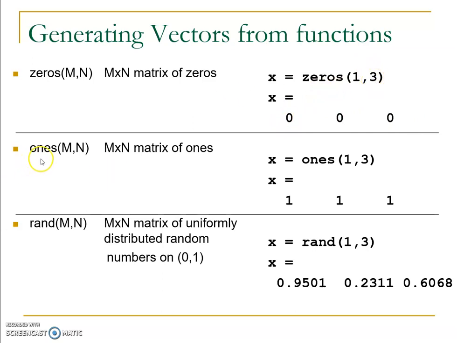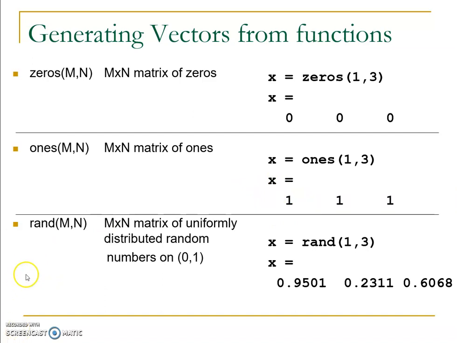Next, let's create a matrix of all ones, where we write ones m, n. Say x is equal to ones in the bracket 1, 3, meaning create a matrix of all ones with one row, 3 columns. What if I had written x is equal to ones 3 by 3 or 3, 3? I would have created a matrix of all ones with 3 by 3 size.